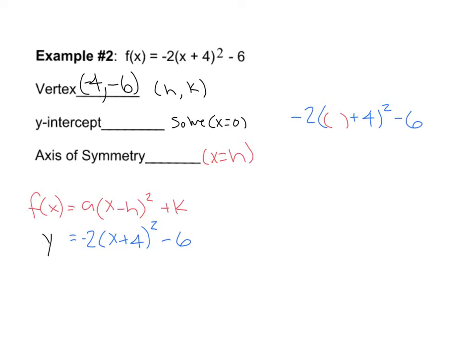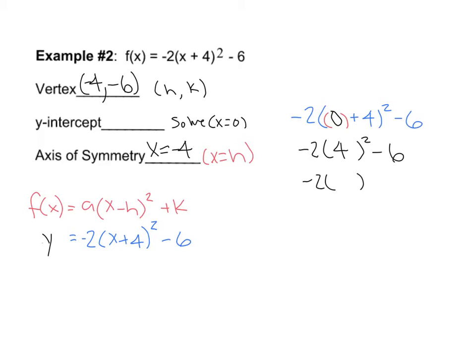The axis of symmetry is the next easiest thing because we already know what h is. So the axis of symmetry is simply x equals -4. That's h, by the way. So to find the y-intercept, we have to plug in the value of, yes, that's right, 0 for x. So we have -2 times 0 plus 4, squared, minus 6, right? 0 plus 4 is 4, squared, minus 6. Remember order of operations, we've got to do the exponents.